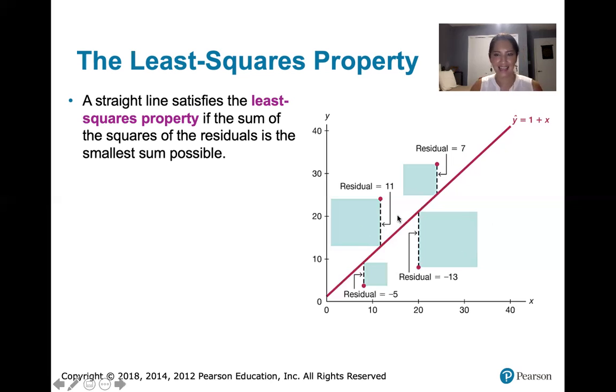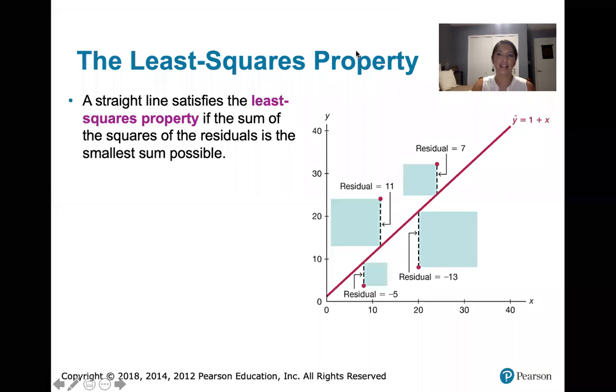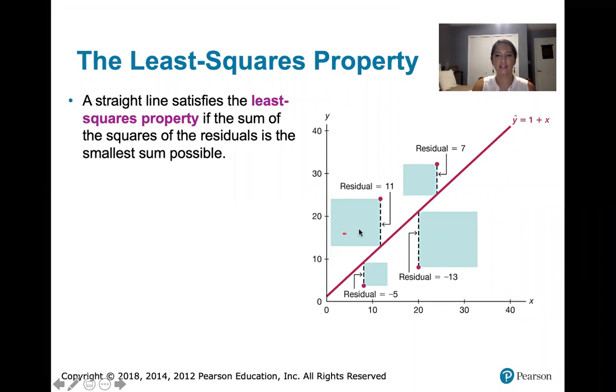So what that's saying is, let's say I drew another line on here. Let's say I drew a line that looked like this, and I said maybe that is actually the line. If I were to come up with residuals using that line, so I'd have a residual that looks like this, and a residual that looks like this, and a residual that looks like this, and a residual that looks like this.